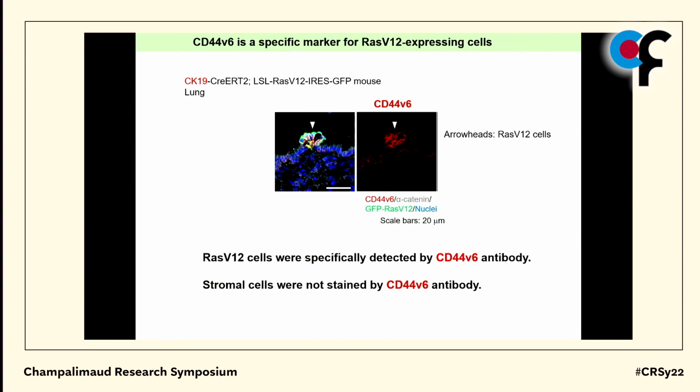Quite importantly, stromal cells were not stained by the CD44v6 antibody at all. By using antibodies against other splicing variants, we sometimes see stromal cells stained. So CD44v6 is a specific marker for RasV12 expressing cells, at least in lung epithelium.